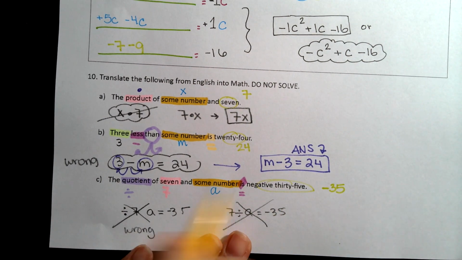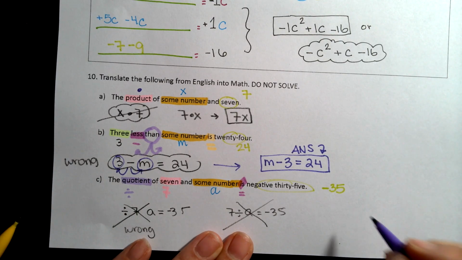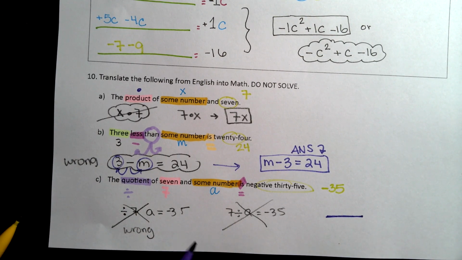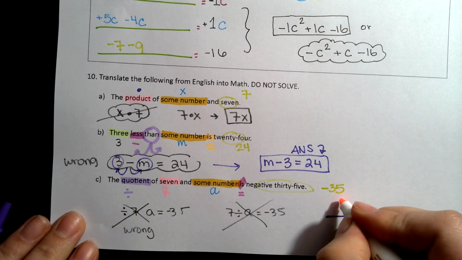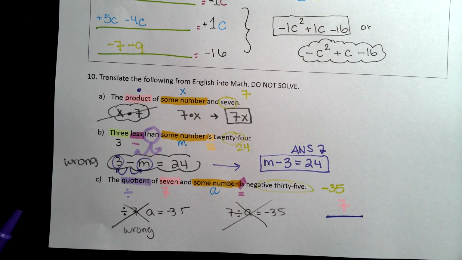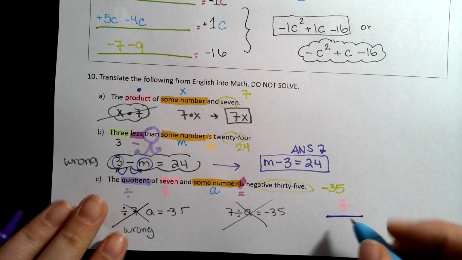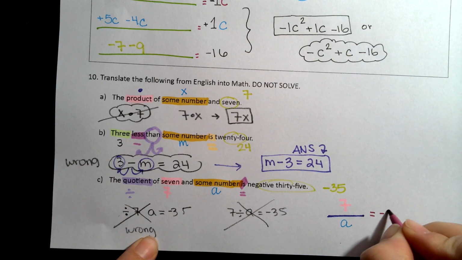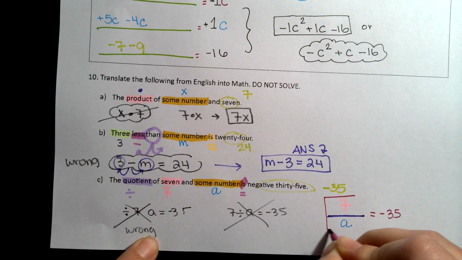And to write the actual answer, we're going to take this quotient line. This is our division line, okay? We are dividing 7 and some number, which is a, and that's going to be equal to that negative 35. This is our answer.